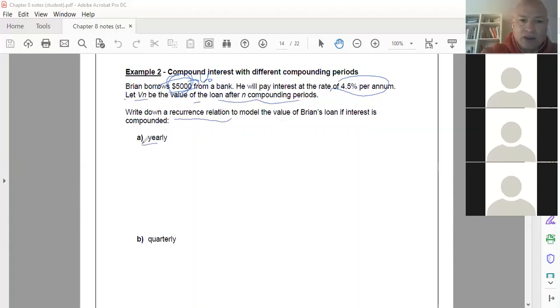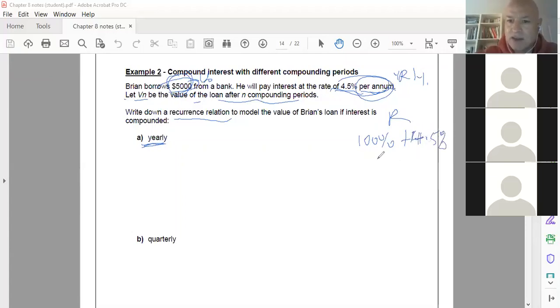Okay, so we're talking about yearly here, and this is per annum, which means yearly. Okay, fantastic. So I'm going to write my R's right over here down this side. The $5,000, that's how much they give him. He's got to pay all that back, 100% back. Plus, in this case, he's getting charged 4.5% per annum every year, and they want it yearly here. Okay, so he's getting charged 4.5%.